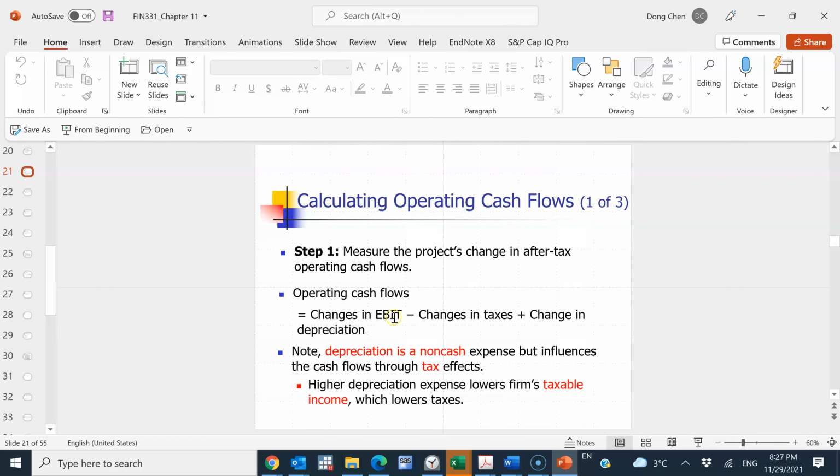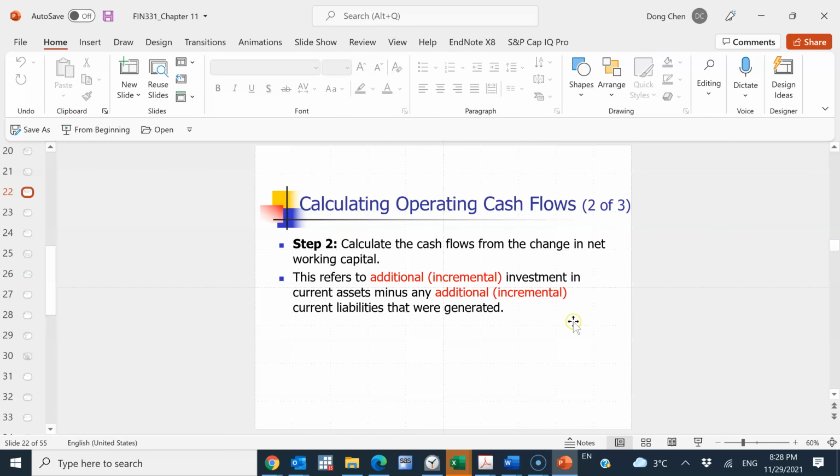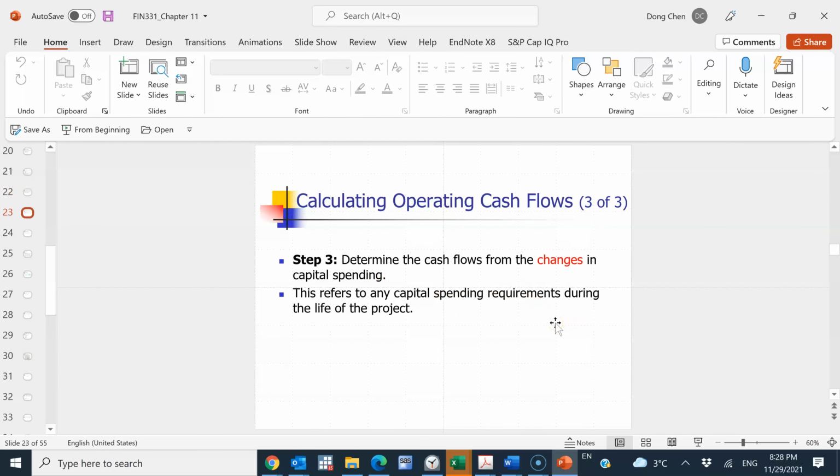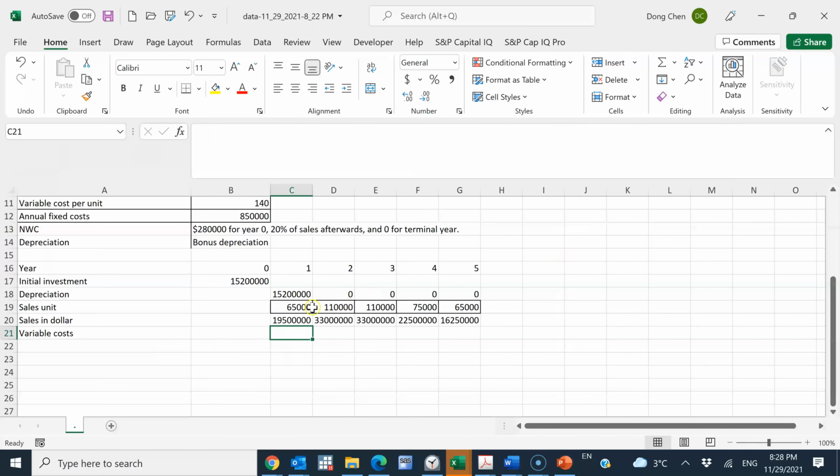Based on the EBIT, I can calculate the taxes, and then by adding back the depreciation, I can generate operating cash flow. And then how do I get the free cash flow? We have to do 2 adjustments. One is to take care of the change in net working capital, and the other is to take care of the change in capital spending.